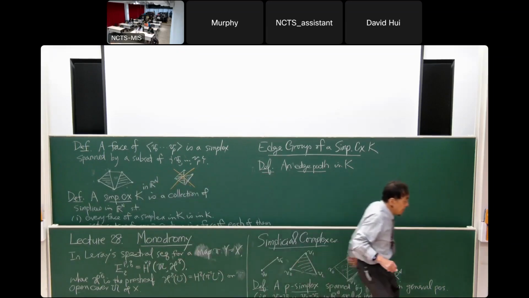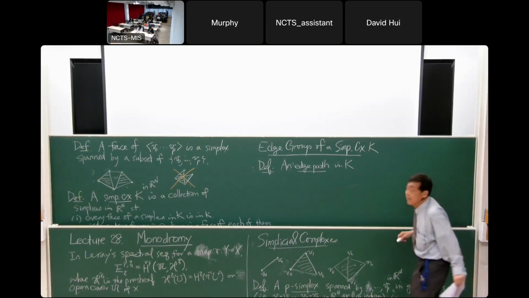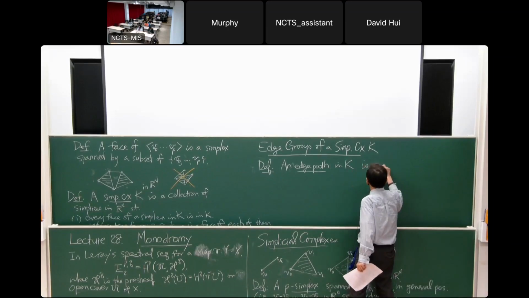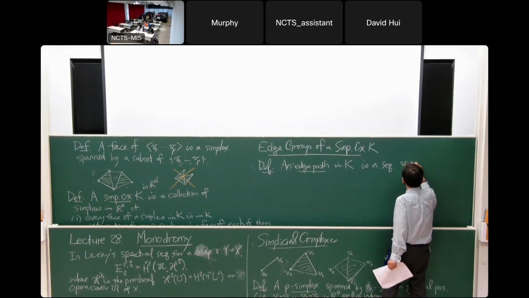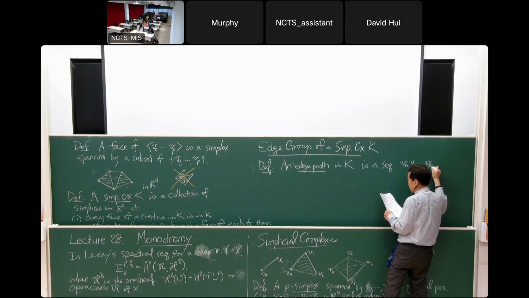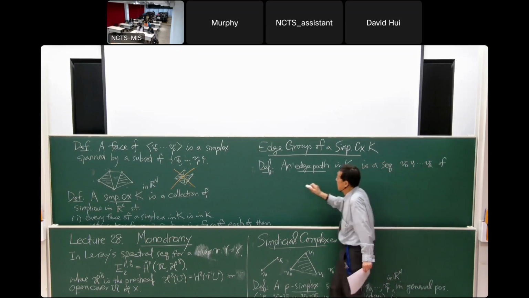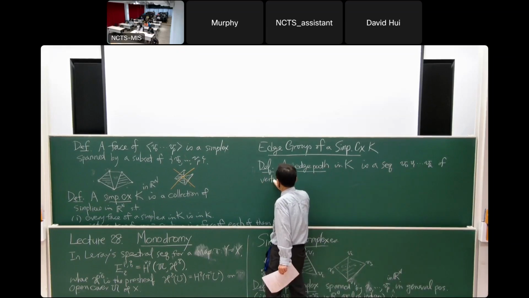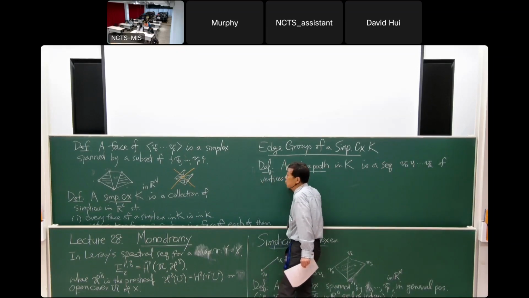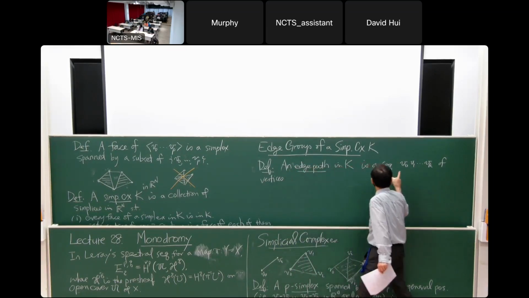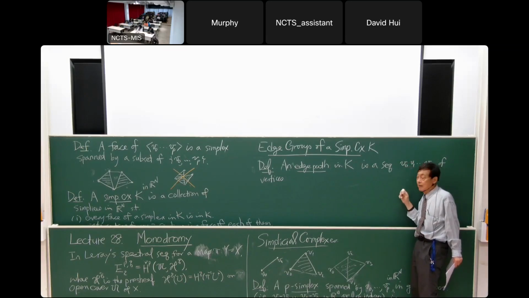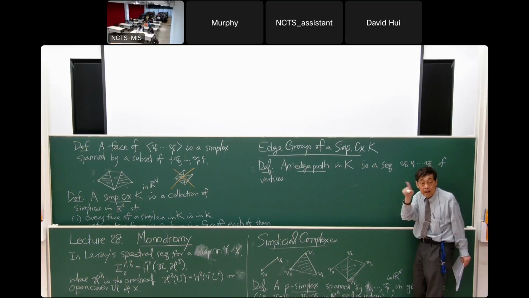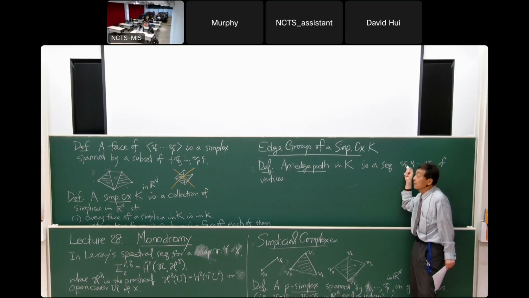So an edge path in K is a sequence of vertices V0, V1 to Vk in which any two consecutive vertices is either an edge or they could be the same.